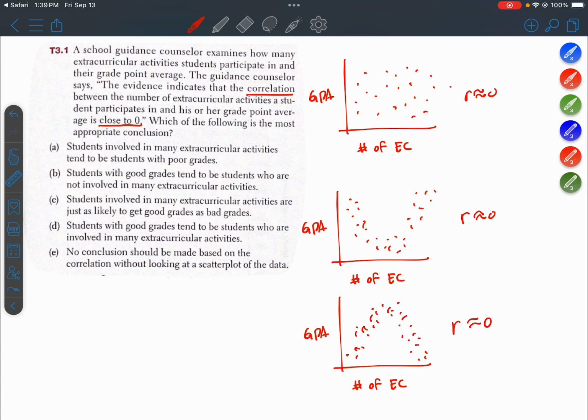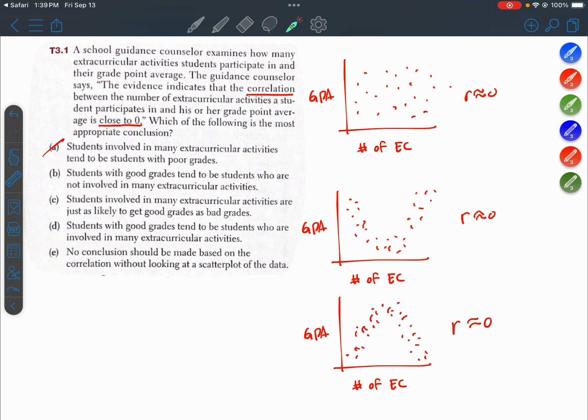Okay. Choice A, students involved in many extracurricular activities tend to be students with poor grades. Okay. I don't know if we can say that for sure. In this scenario, certainly that would be true, but in this scenario, it wouldn't be true. So I don't think that statement is the best one.